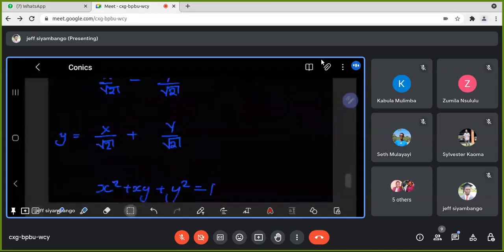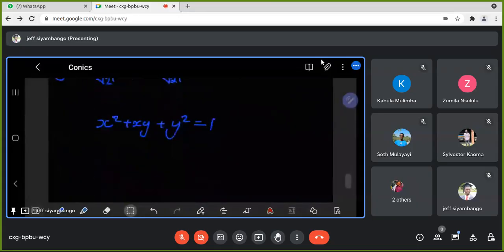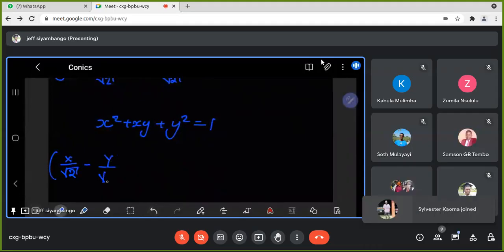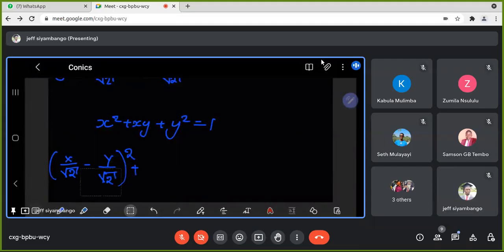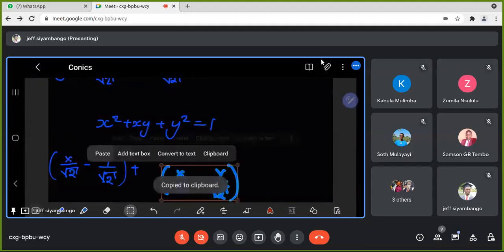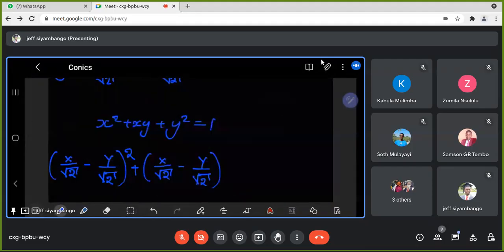Where there's x, we'll put the expression for x. So we see that what starts first is x squared. Where there's x squared, we'll put x over root 2 minus y over root 2, but it has to be squared. Then we have plus xy. So x is this, and y is the same thing, but with plus here.